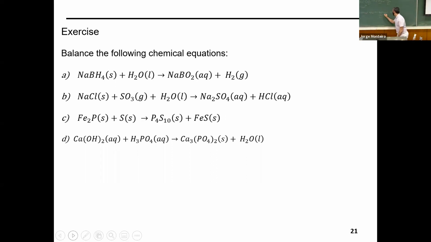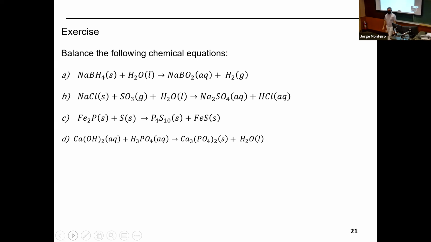Oxygen, we have 4 atoms after. And let's look at all the reactions and see where we can find oxygen. So we have here 3 oxygens and 1 oxygen. Therefore, 4 atoms of oxygen as well. So that's balanced. We can add a 1 here.